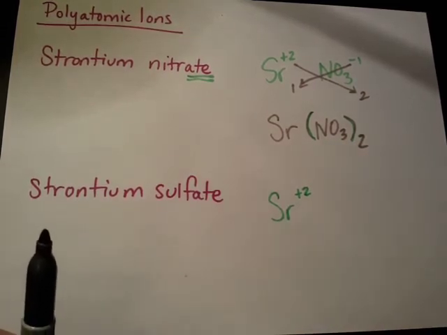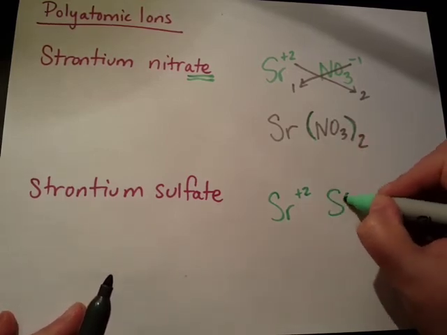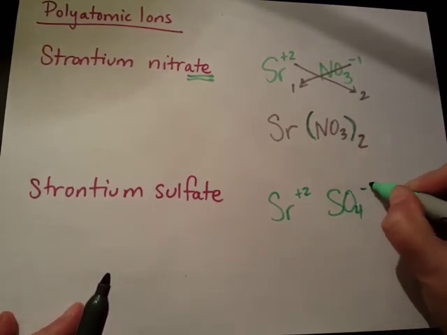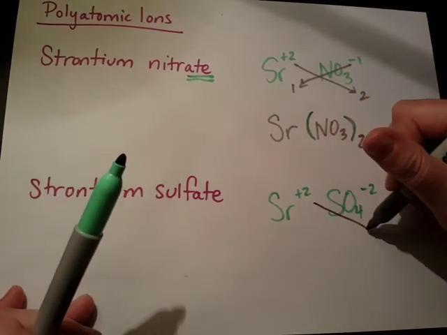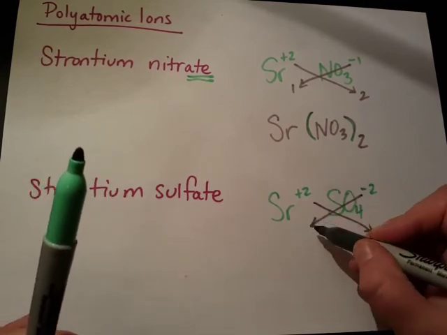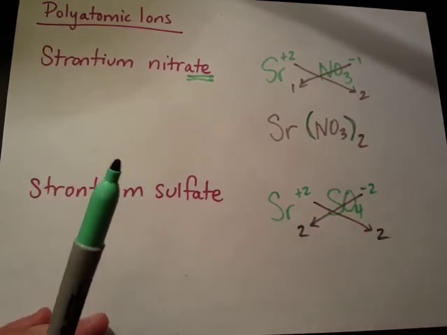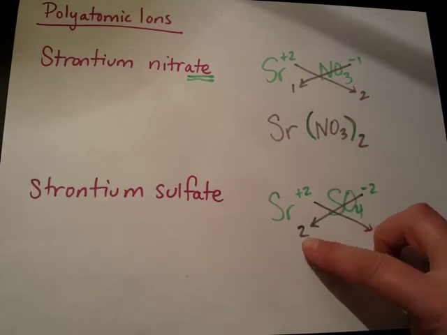And the sulfate ion is SO4, but it's a -2. So when we go to do our crisscross, this is another one where we want to put on the brakes. We should hopefully have a red flag here and go, wait a second, we got 2 and 2.